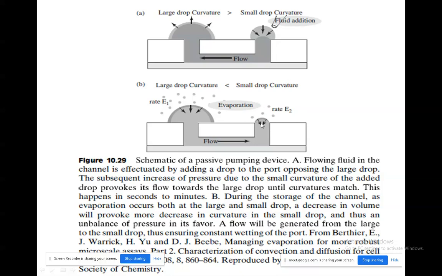So on storing the liquid it causes evaporation, so that the size of the small drop curvature becomes less, and thus the unbalance of pressure in its favor generates a flow from the large to the small drop.